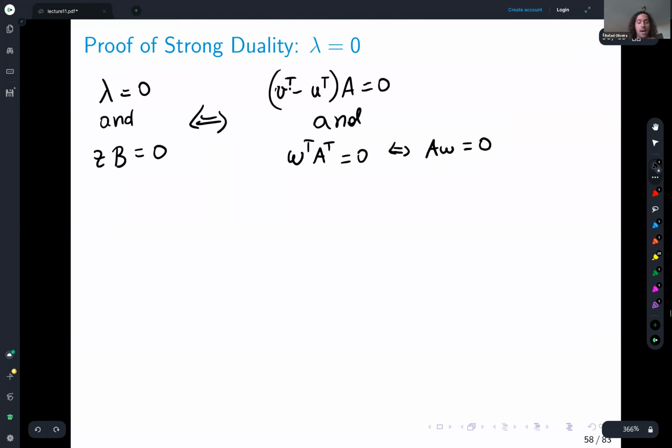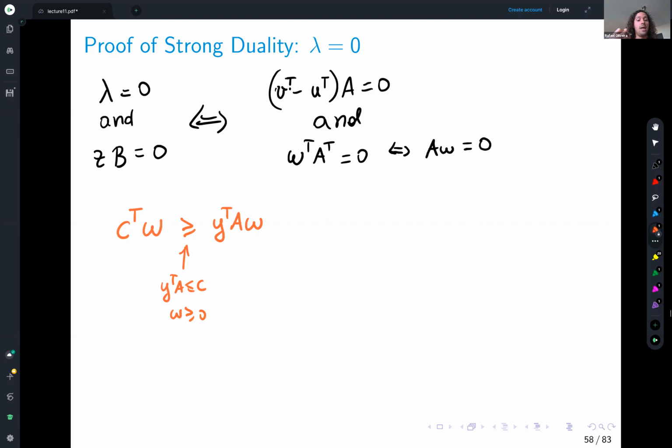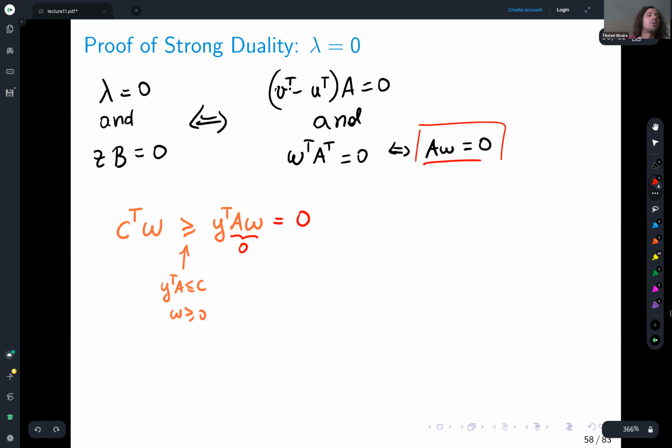And now what happens? Let's look at C transpose W. As we saw, this is greater or equal than Y transpose A W. This was just because, remember, Y transpose A is less than or equal to C, and W is greater or equal to 0. And now AW is equal to 0, so this is equal to 0, correct?